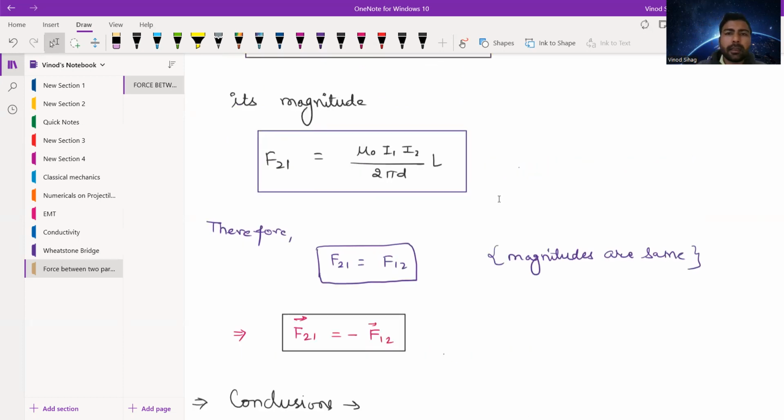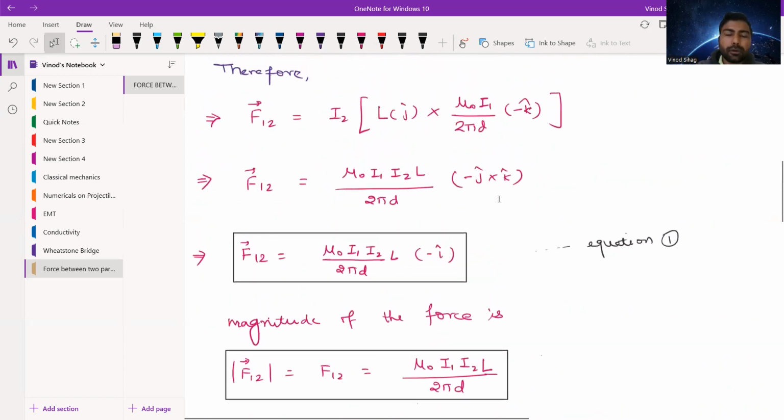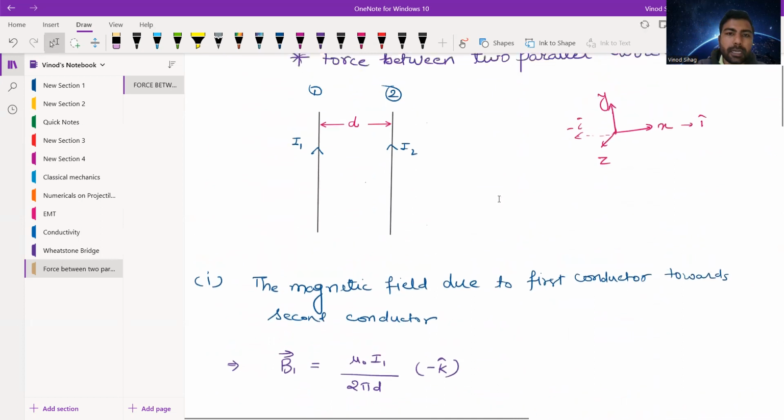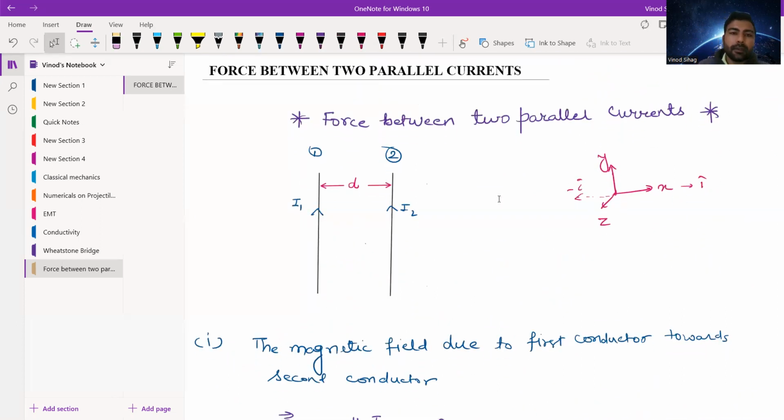Now, secondly, we need not do the derivation again, and we can see that if the direction of the currents is opposite to each other, or we can say anti-parallel, in case of anti-parallel, they will be repelling each other, because then the direction of the two forces will be in the same direction. So that's why they will be repelling each other.